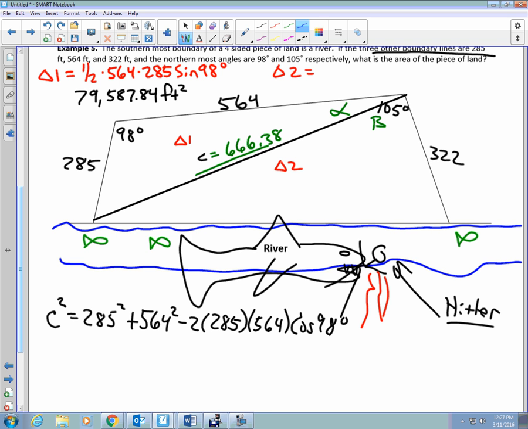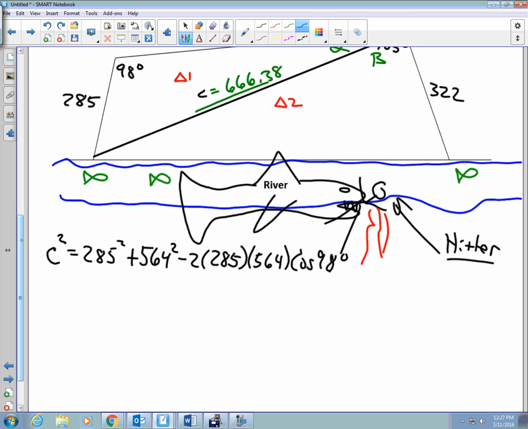Now, can I use the law of sines now? Yeah, I could say that the sine of 98 over C is equal to sine of alpha over 285. If we just set that up, sine of 98 over 666.38 is equal to sine of alpha over 285.